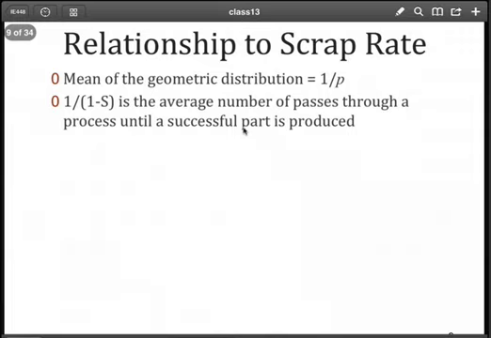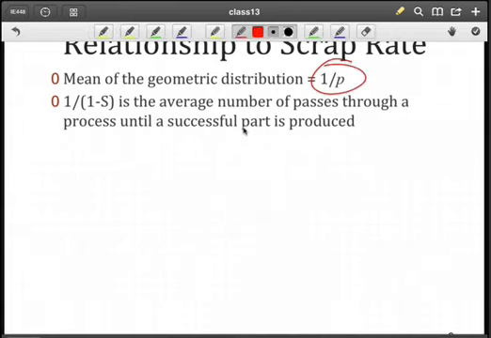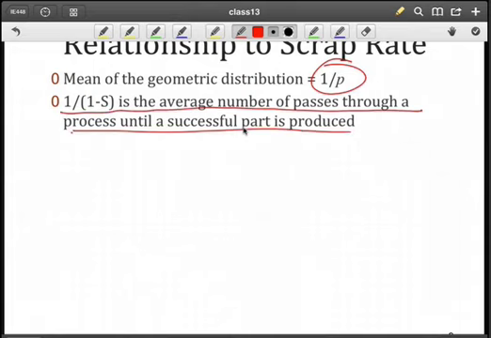Well, in terms of the relationship to scrap rate, the mean of a geometric distribution corresponds to 1 over the probability of success. So that would be 1 over P. Well, 1 over 1 minus S is the average number of passes through the process until we have a successful part. Why? Because we said P is equal to 1 minus S.